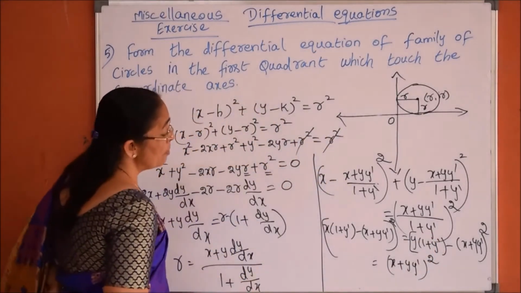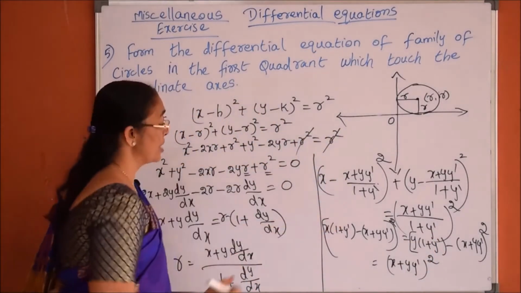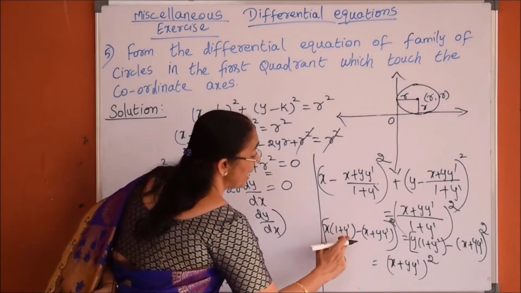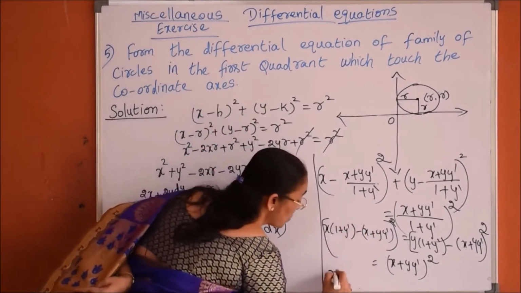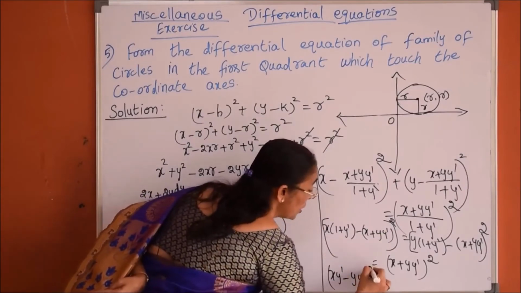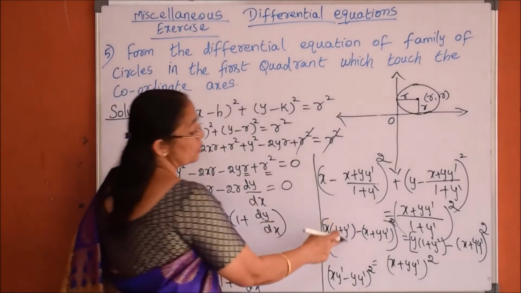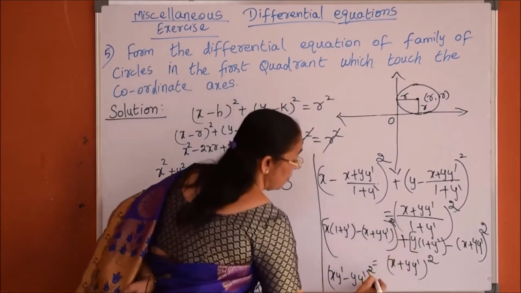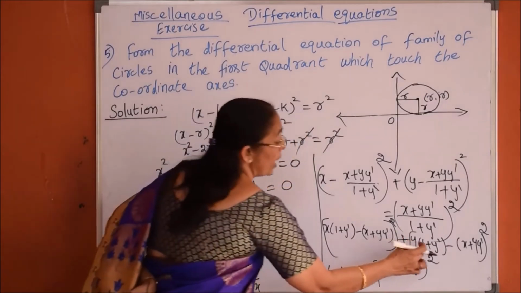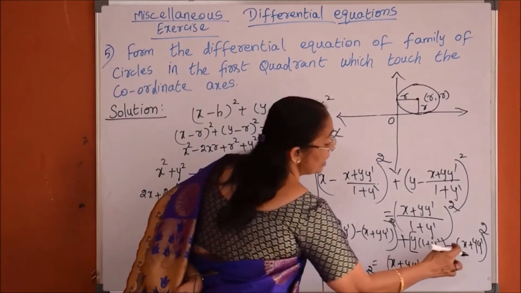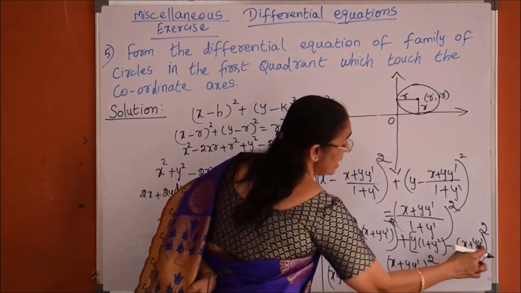So, simplification within the perfect squares: here x minus x cancels, giving xy dash minus y dash; xy dash minus y dash whole square; this one in between is plus; and here the y terms are y and y dash, minus x and minus y dash.